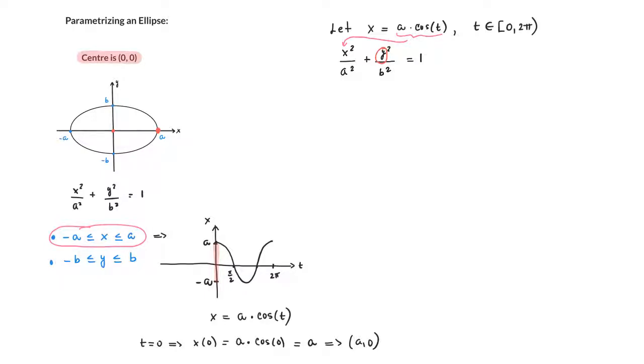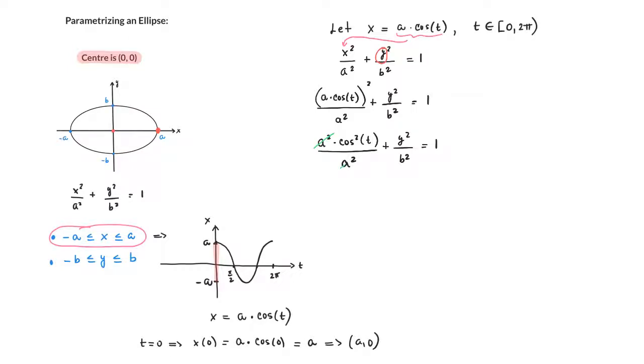So doing my substitution will give us a times the cosine of t, all of this squared, divided by a squared plus y squared over b squared equals 1. Then that means that a squared times cosine squared of t divided by a squared plus y squared over b squared is equal to 1.